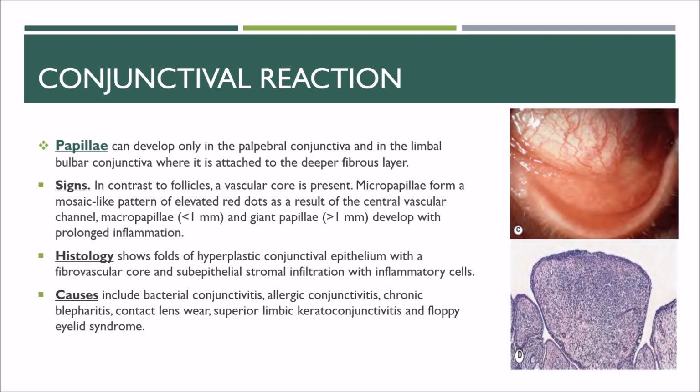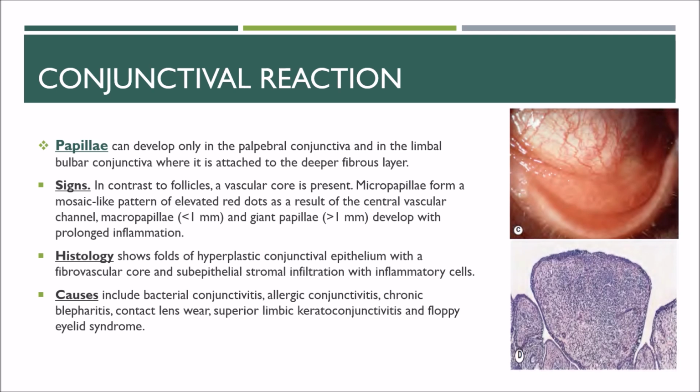Now, macropapillae, which are less than 1 millimeter, and giant papillae, more than 1 millimeter, develop with prolonged inflammation, as in cases of allergic conjunctivitis, which we will discuss later.